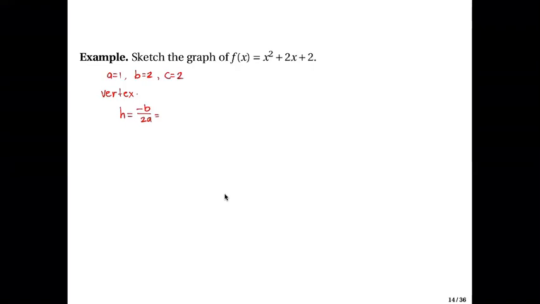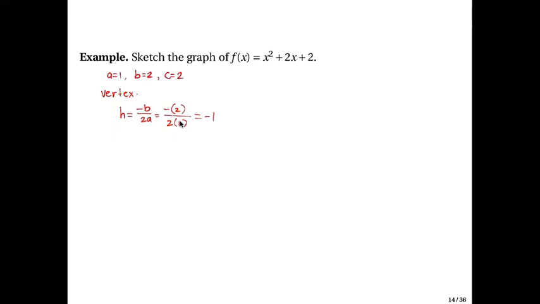So we have negative b, it's 2 here, all over 2 times a. A here is 1, so 2 times 1. If you simplify this, this is just negative 1.